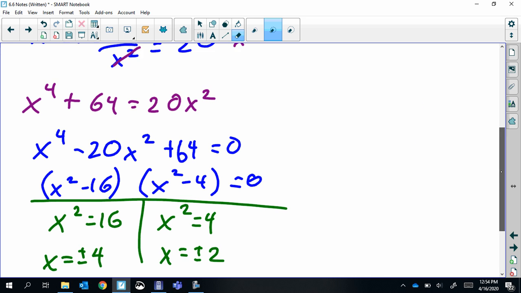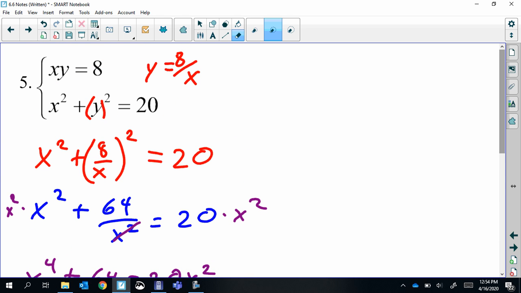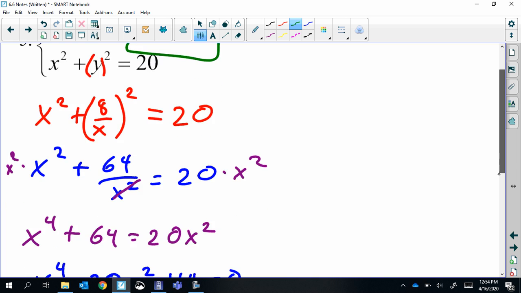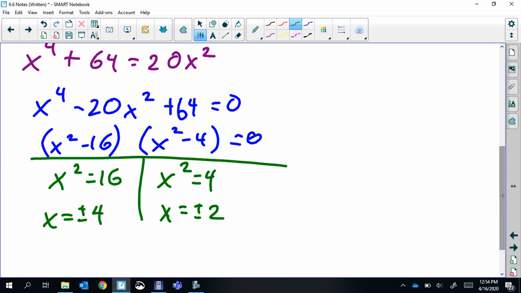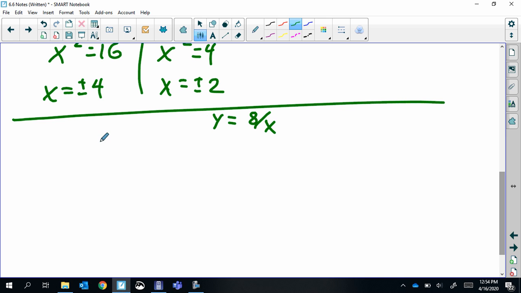So yes, you need to plug all 4 of those in to either equation. I think this is going to require the least amount of work, 8 divided by x, and we have those 4 solutions.